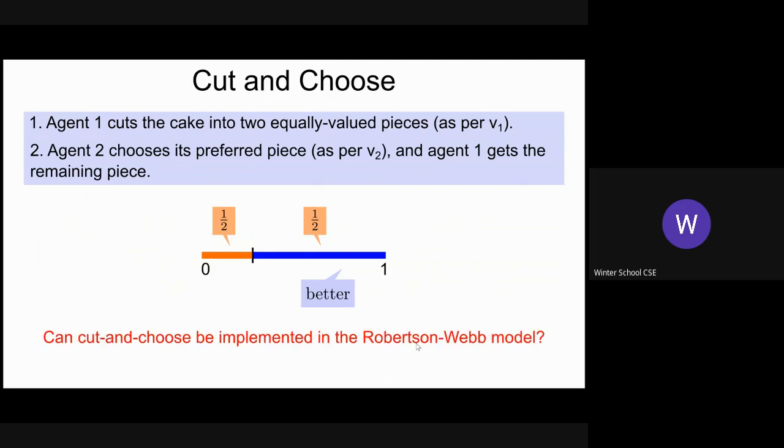Okay, cool. So can we do all this in the query model that we just saw, the Robertson-Webb query model with the cut and eval queries? Can we do that? What would be the x, y? 0, 1/2, okay.